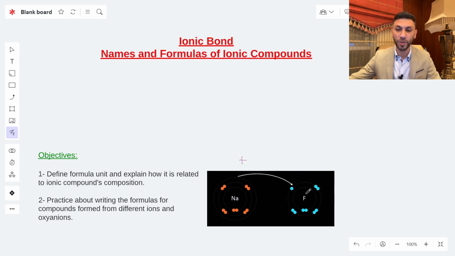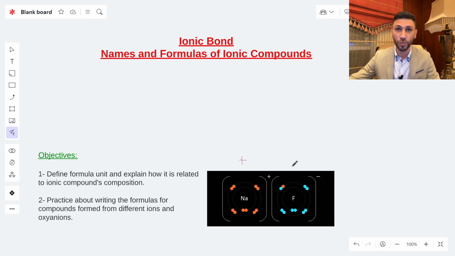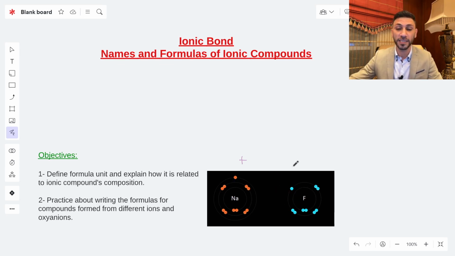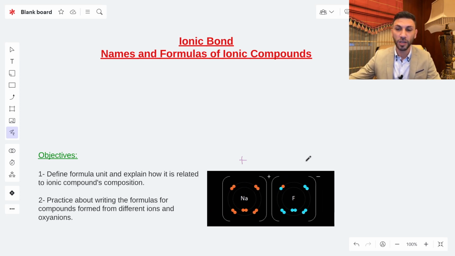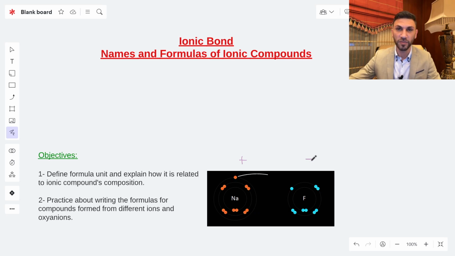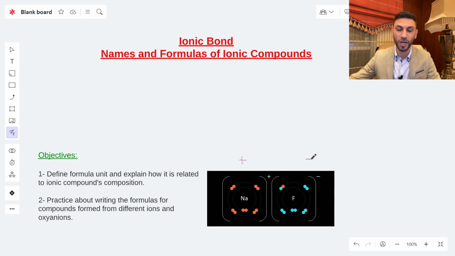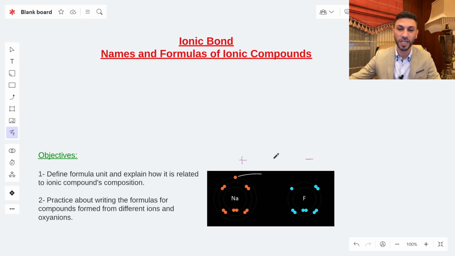And the fluorine or the chlorine atoms need one electron because they have 7 valence electrons and they need to make them 8, so they will gain this 1 electron from the sodium, and then they will become a negative anion. Because the sodium ion is positive and the fluorine ion is negative, there is an electrostatic force between them. We call it the ionic bond.